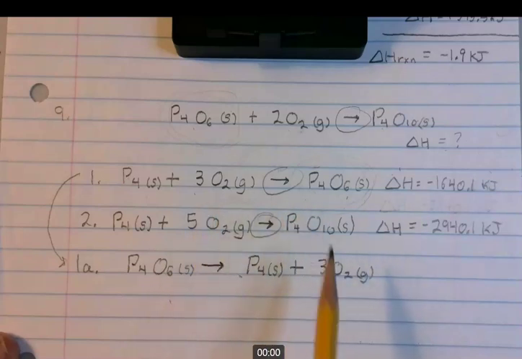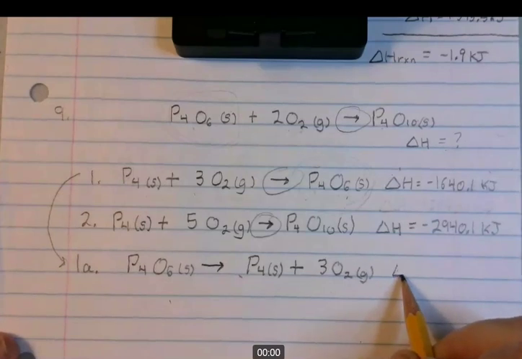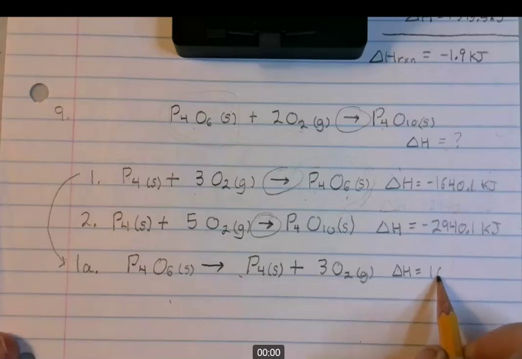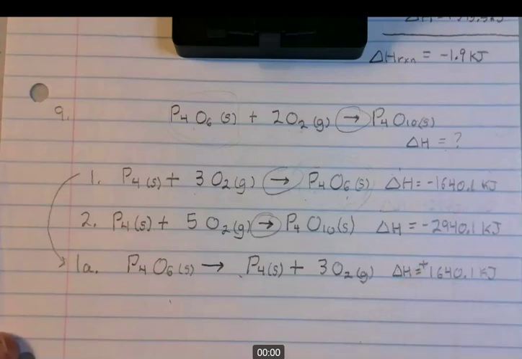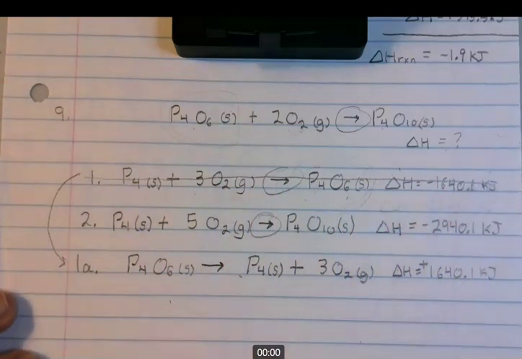We flipped this one around here. That means we've got to change this enthalpy, so all you do is change the sign. So delta H equals positive 1,640.1 kilojoules. Just put the little plus sign to emphasize that we changed that to a positive number. And since I changed this first one, we're not using it anymore, so I'm going to lightly put a line through it. So these are the two equations we're working with.